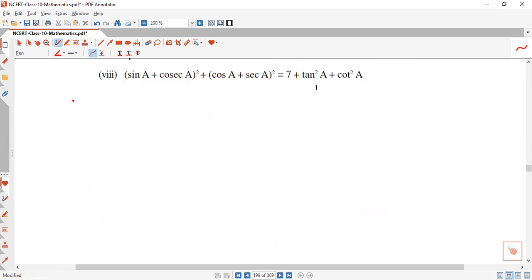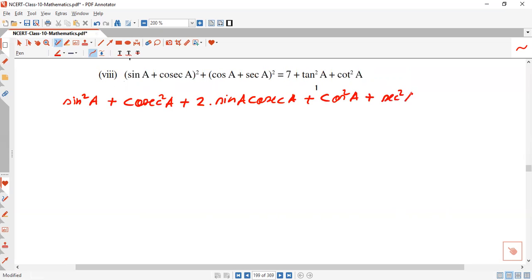It comes out sin square A plus cosec square A plus 2 sin A cosec A. Similarly, cos square A plus sec square A plus 2 cos A sec A.